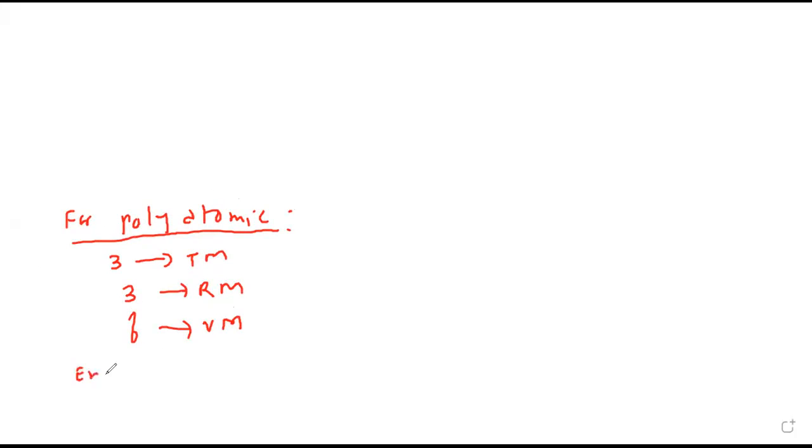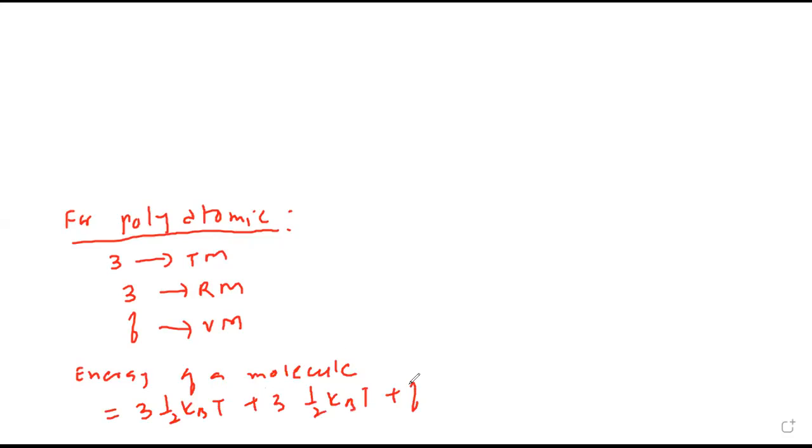So the energy of a molecule will be 3 times half kBT plus 3 times half kBT plus F times kBT. So 3 by 2, 3 by 2, 6 by 2, that will become 3 times kBT plus F times kBT. That will become (3 plus F) kBT.